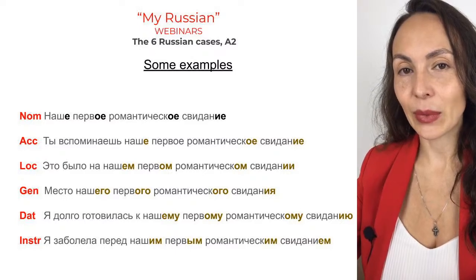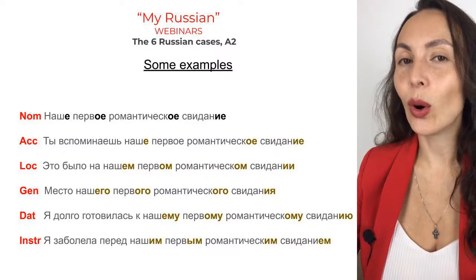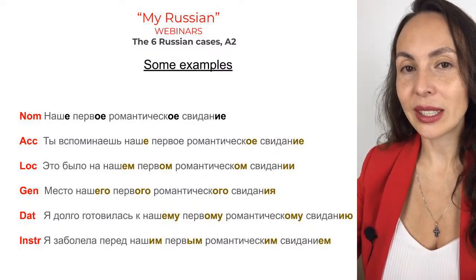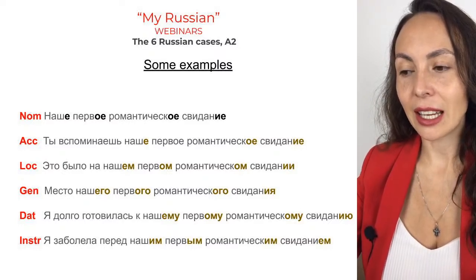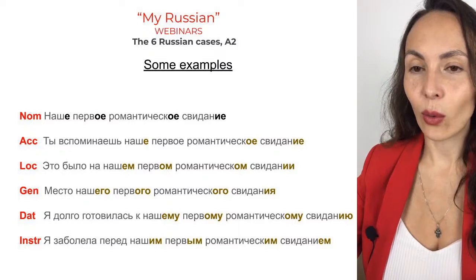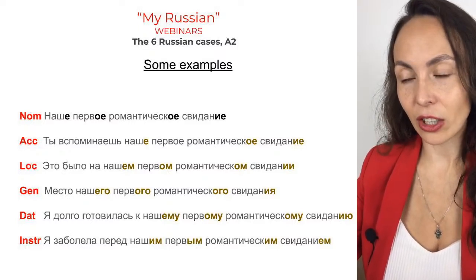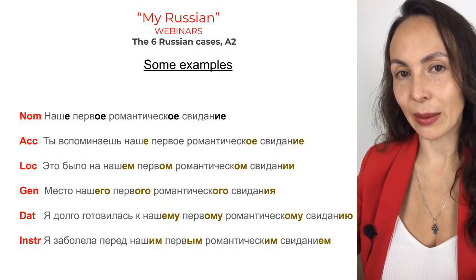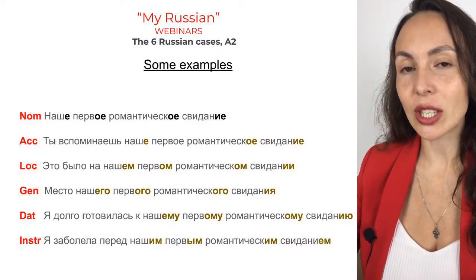Свидание, okay? It's like окно, like молоко, like решение. We have two typical endings in neuter forms: it's о, or it's е, or a variant of е, ие. So, свидание. I hope you recognize it. Наше первое романтическое свидание.